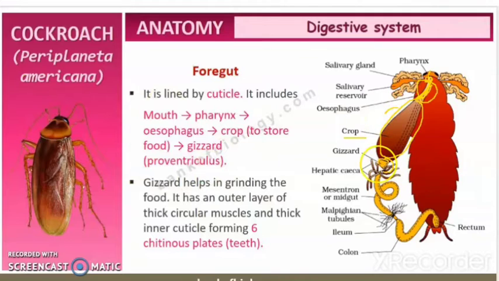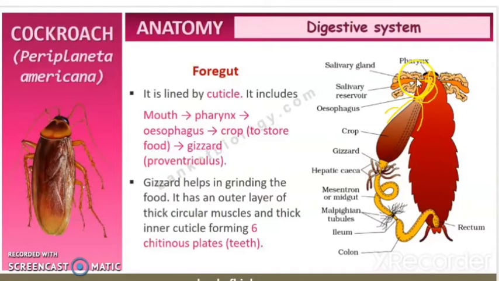So this is the portion where we find the presence of teeth, children. So how is the gizzard? The gizzard has an outer layer of thick circular muscles, and a thick inner cuticle which forms 6 chitinous plates called teeth.